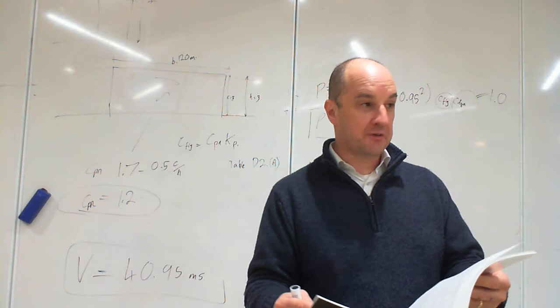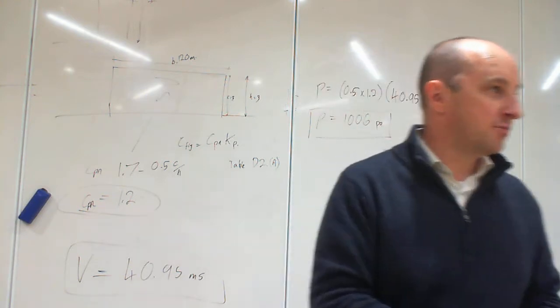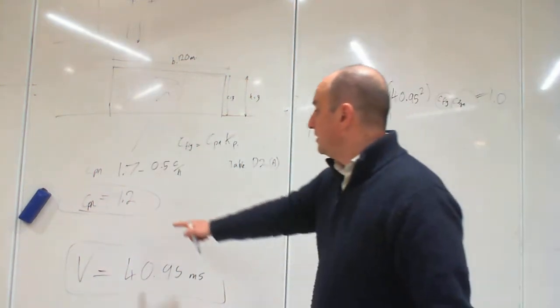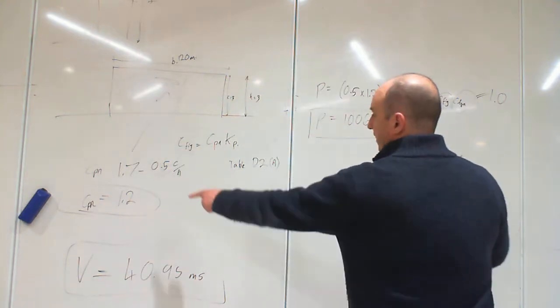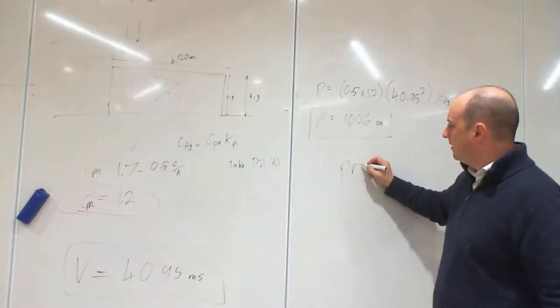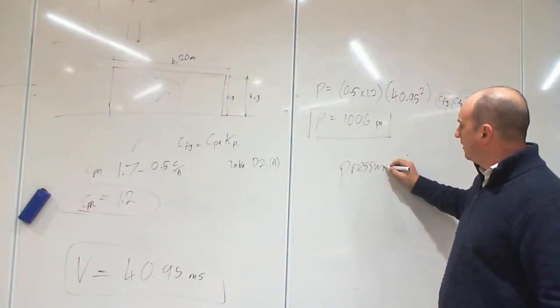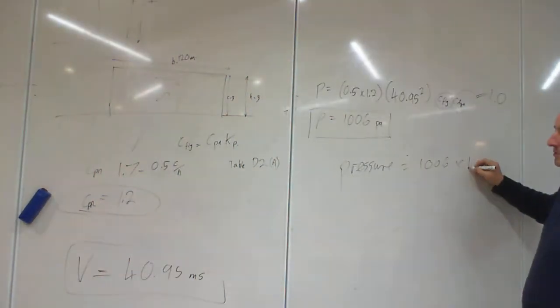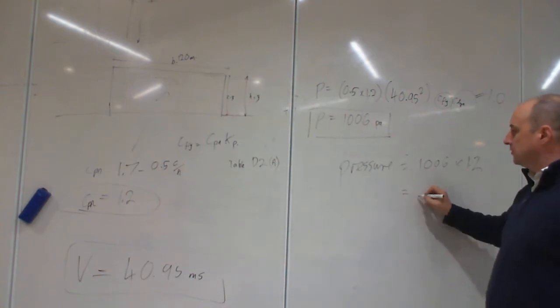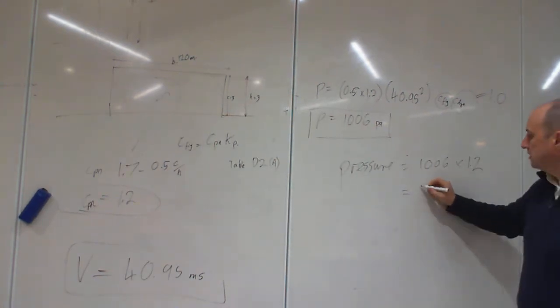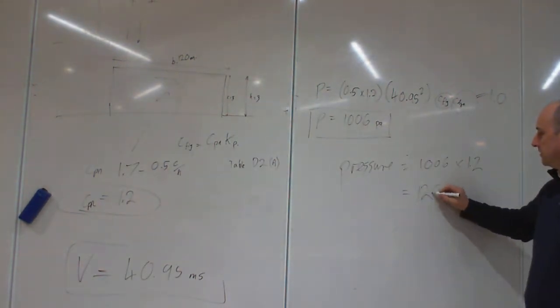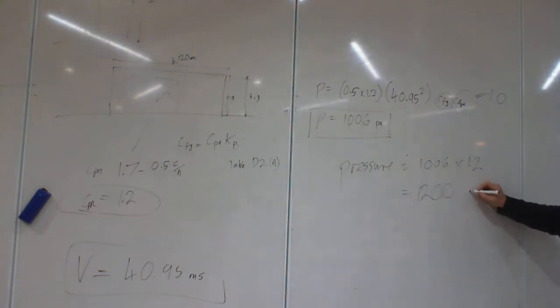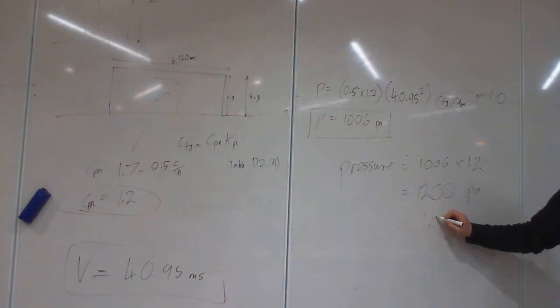You've got an area reduction factor of 1, local pressure factor of 1. So you can use that. Therefore, our pressure on the wall equals 1006 times 1.2, which equals, let's call it 1200 pascals. And that is 1.2 kPa.